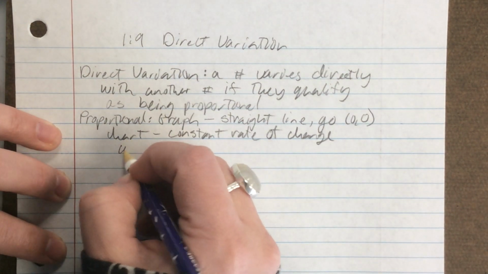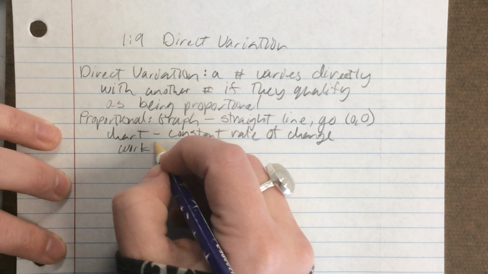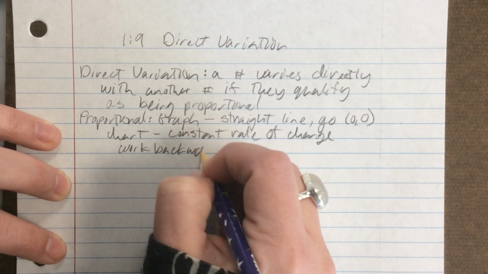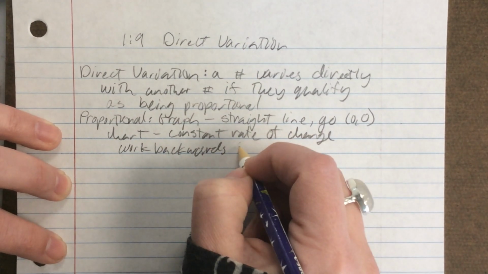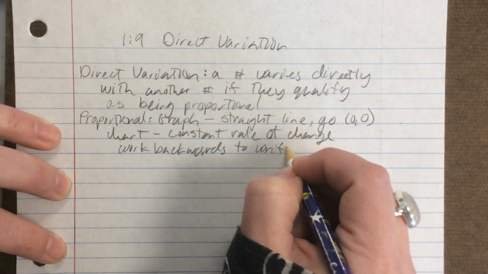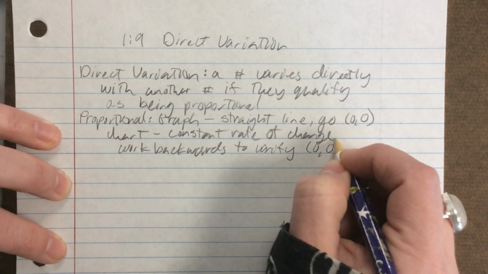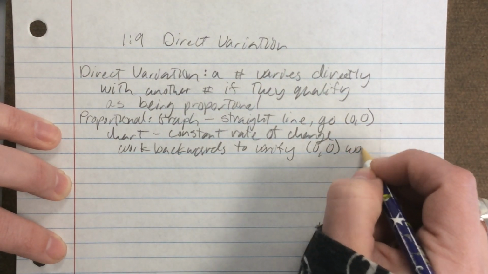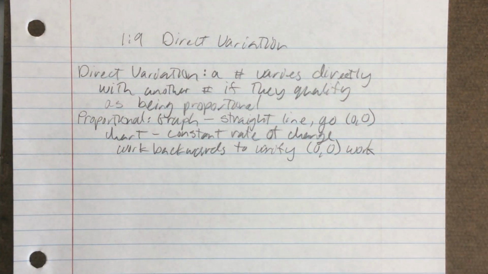And also you want to work backwards if need be, to verify 0, 0 works. Okay, because we got to make sure that it's going through 0. Otherwise, we can have a straight line and a constant rate of change, but it doesn't count as direct variation if it doesn't go through the point 0, 0.